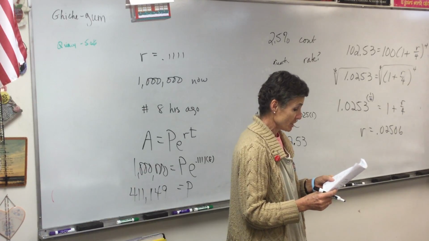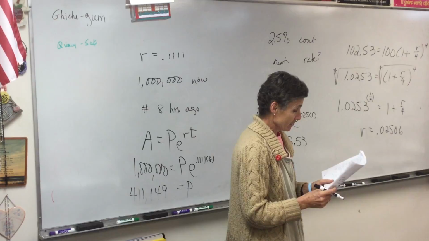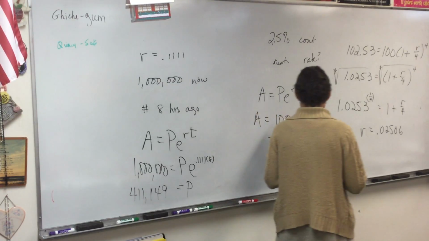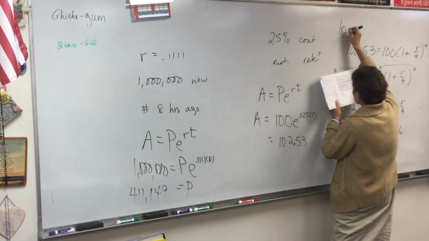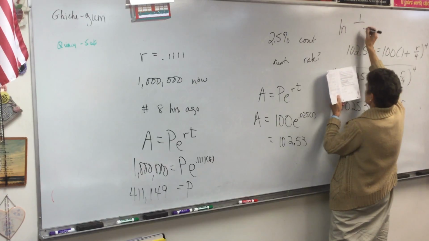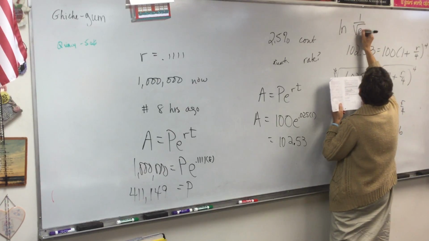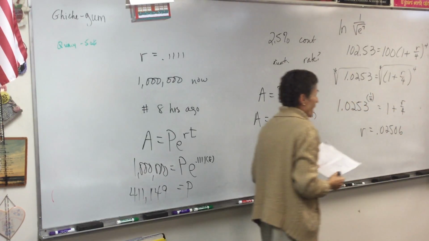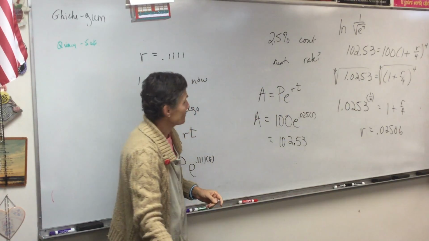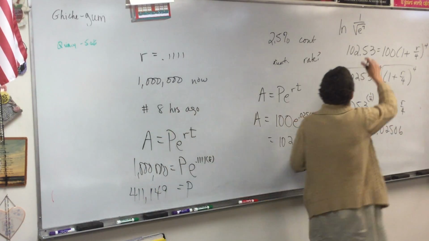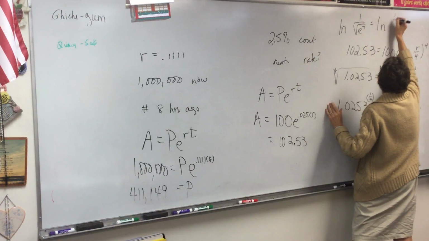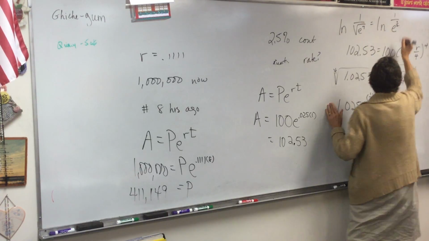7D. Now it's pretty much a gimme too, but it is a little more effort. We've got a radical. We don't want a radical in there, so we'll rewrite that as 1 over e to the 7/2.